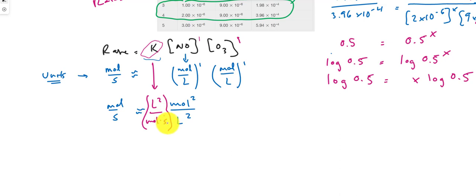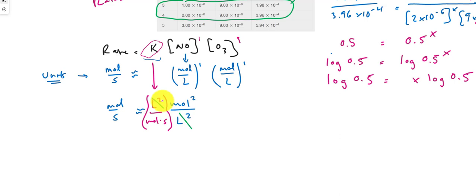So if we look at this and just think about it algebraically, I don't want any liters on this side. They're completely gone. So that means I need my constant to have units with liters squared up in the numerator. So I just wrote that up at the top. So I'm going to cross that out. That goes away. Now if I look at this, I'm left with moles squared. And I need this to just be moles.